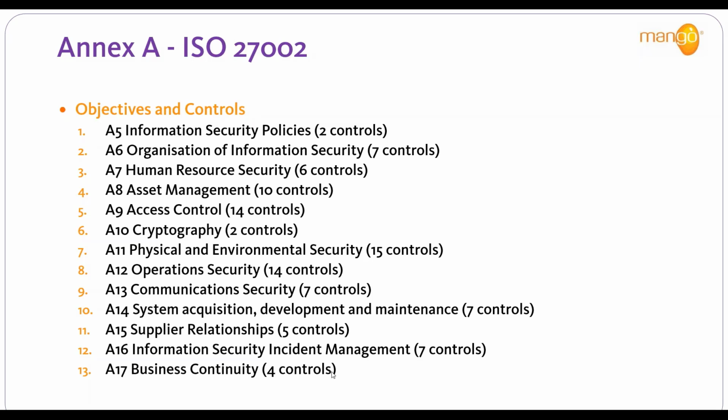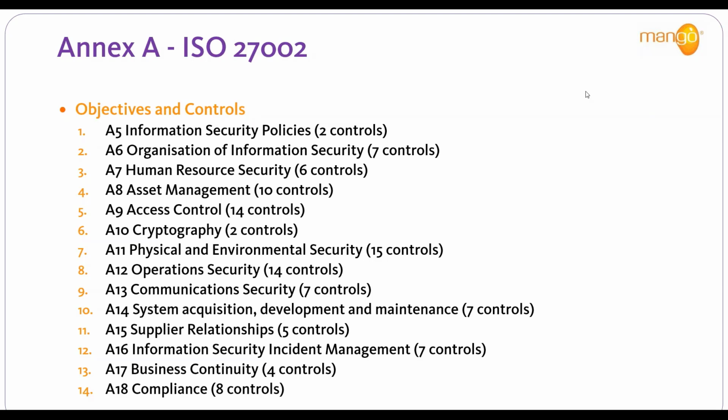Business continuity, obviously this has been big over the COVID period, but a very important clause around that, how to address any business disruptions. And then finally, compliance, making sure that you identify all the rules, the laws and the regulations that apply to your organization. So those are all the controls that you need for ISO 27001.